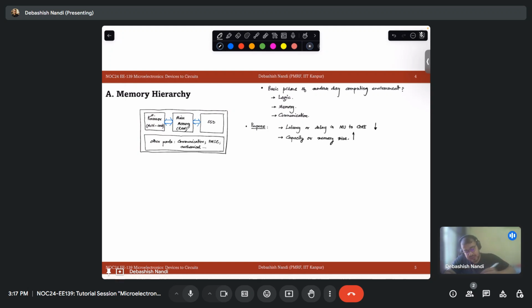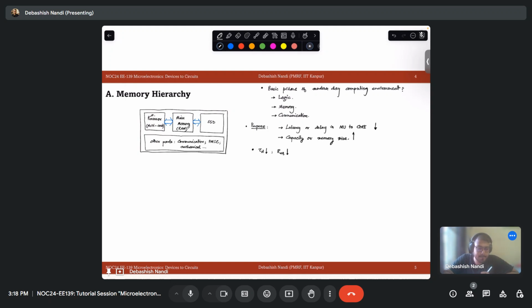For example, capacity or memory size depends on how small you can make the fundamental elements. If transistors are the fundamental blocks of the memory organization, then you need to make your transistors smaller and smaller, right? But again, you know that your delay, let's say TD, reduces when your resistance reduces.